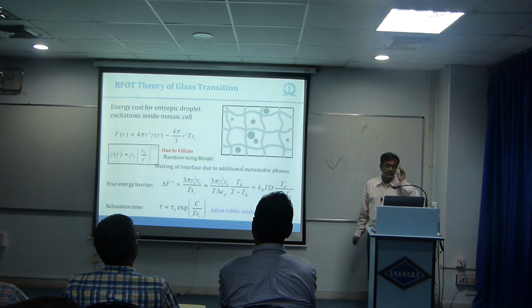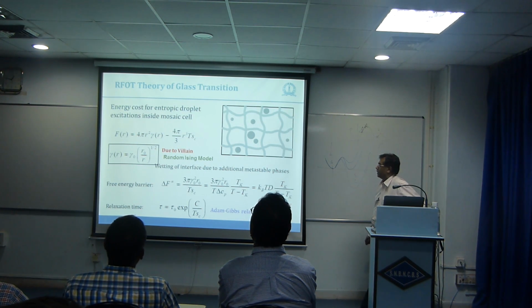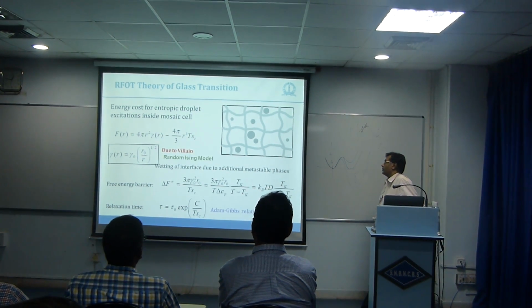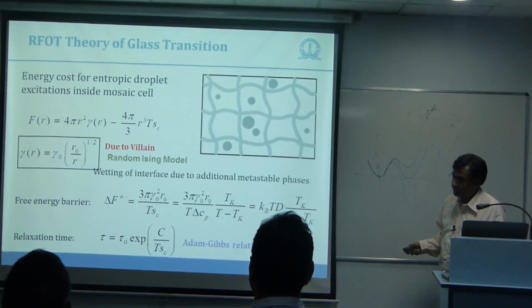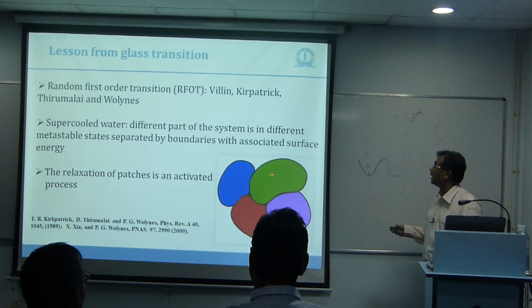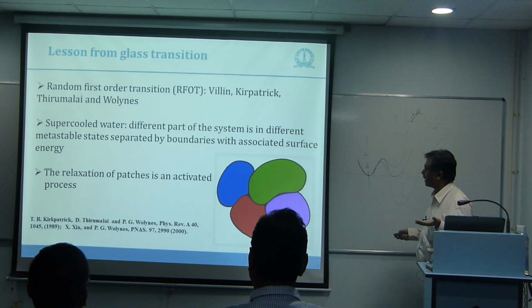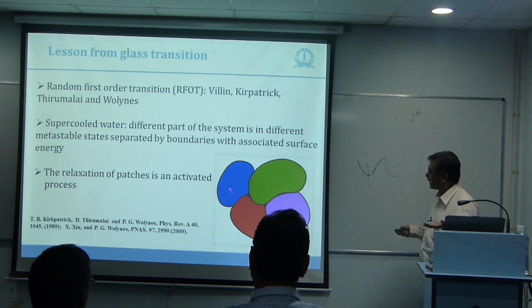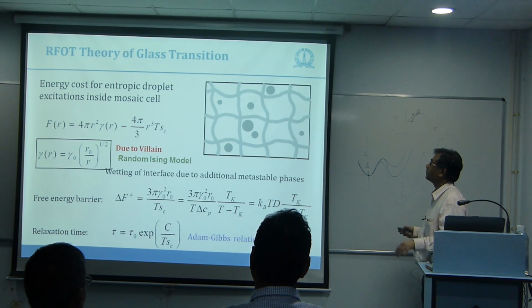This is called the Hartford theory, a very famous theory of glass transition, highly controversial and highly debated. People hate it and people also love it. Random first order theory of this glass transition essentially says that you have these regions which, if I am in glass and heating it, become liquid at different times, and that gives heterogeneous dynamics.